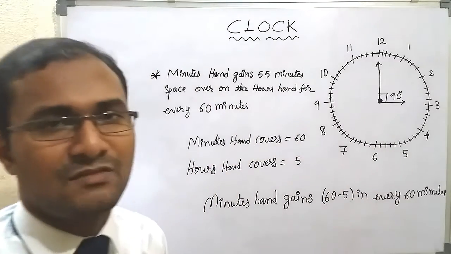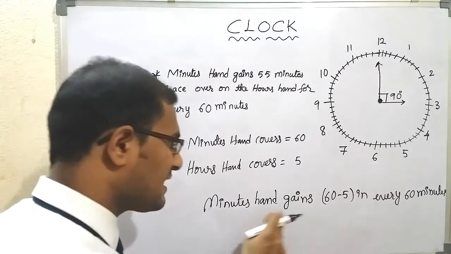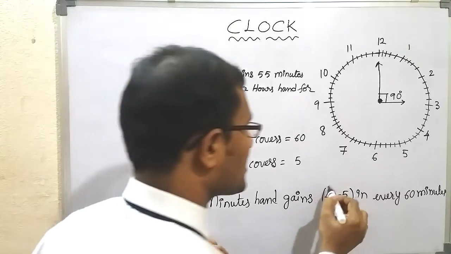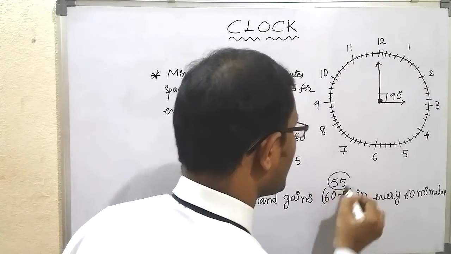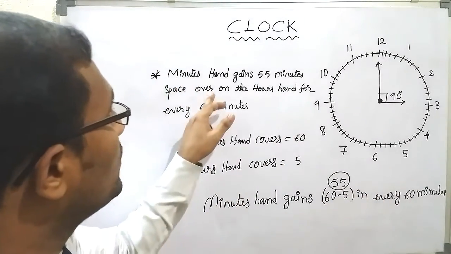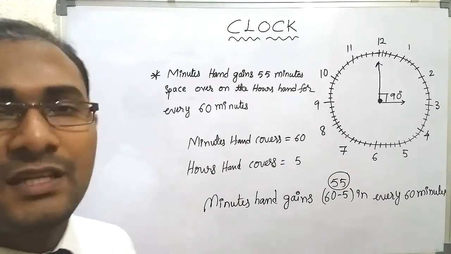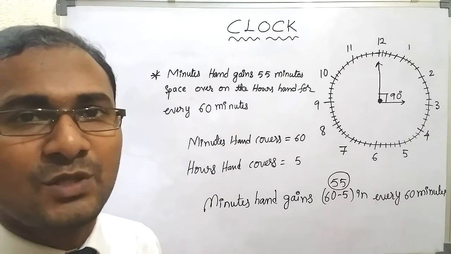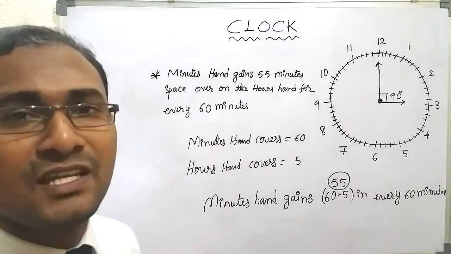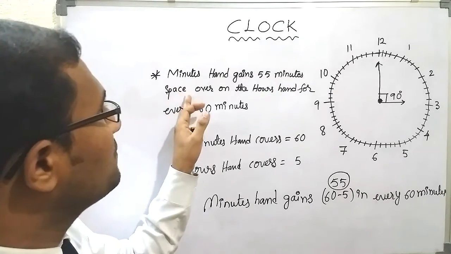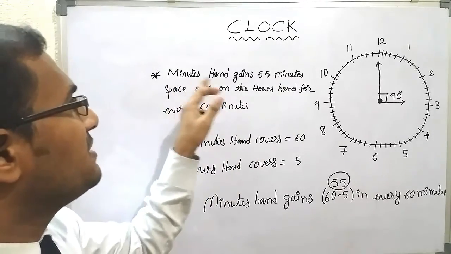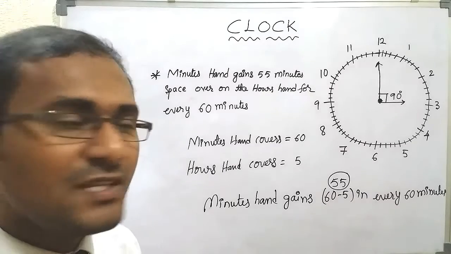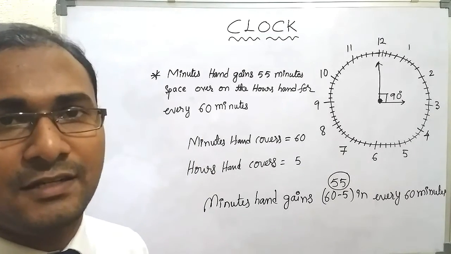It means the minutes hand is gaining 55 minutes space when we compare it over the hours hand for every 60 minutes. So that's the meaning of the point: for every 1 hour the minutes hand gains 55 minutes space over the hours hand.